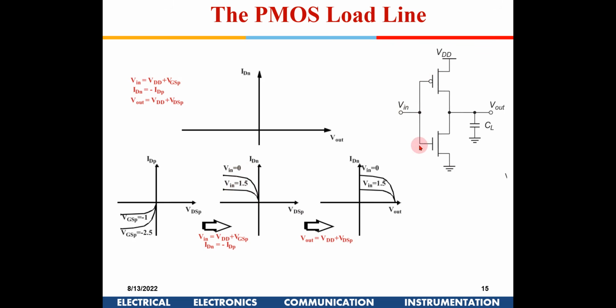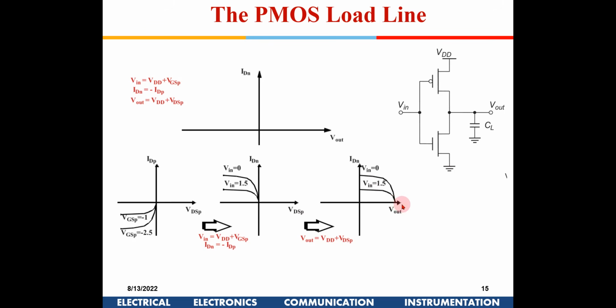Now also this output is actually VDD minus V out. So here if I put V out here, these curves will look like this now, right? Because now this is the PMOS load line. So what does PMOS load line indicate?